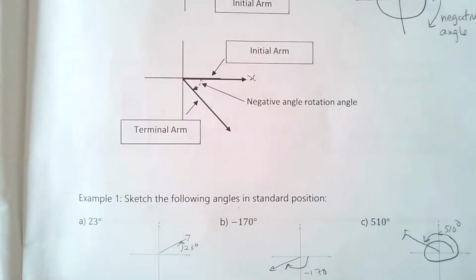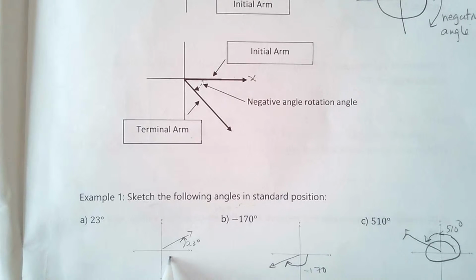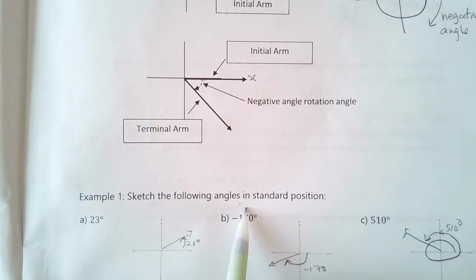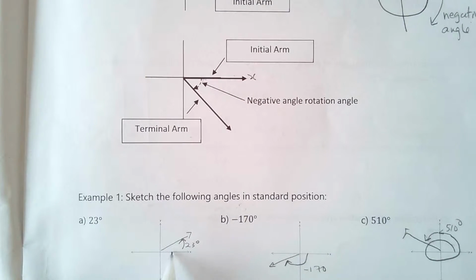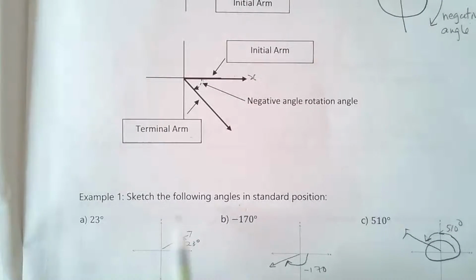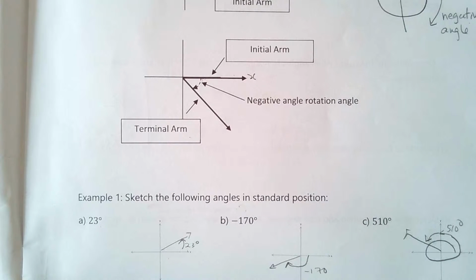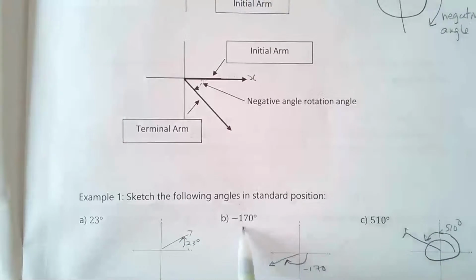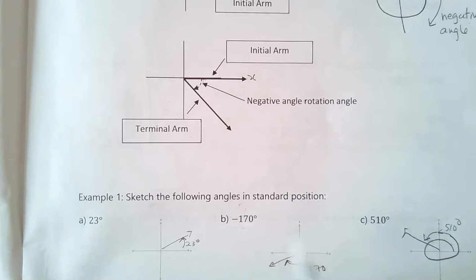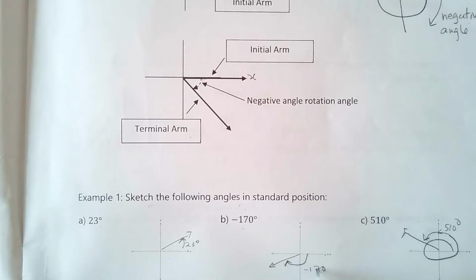So for example, here we have an angle in standard position. We have an angle of 23 degrees, starting from the initial arm, which is the x-axis, to the terminal arm. It's 23 degrees, so positive. Now here is negative 170 degrees. You start from the x-axis going clockwise, and this is negative 170 degrees.